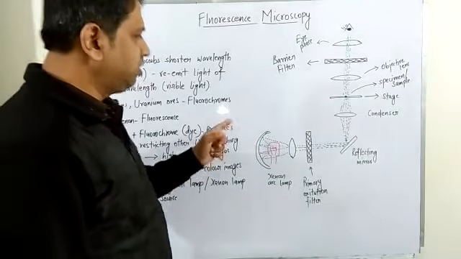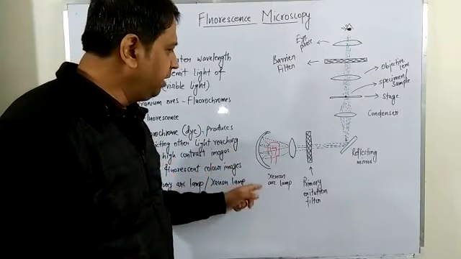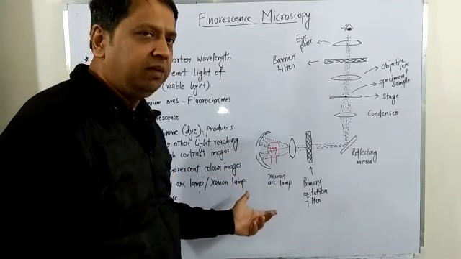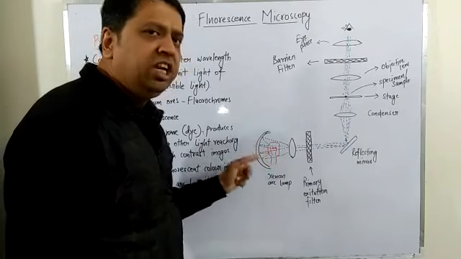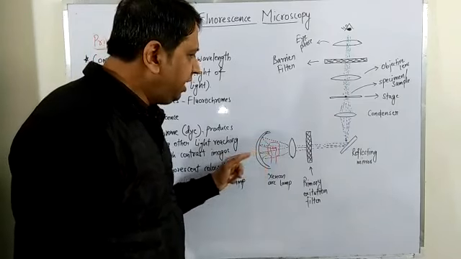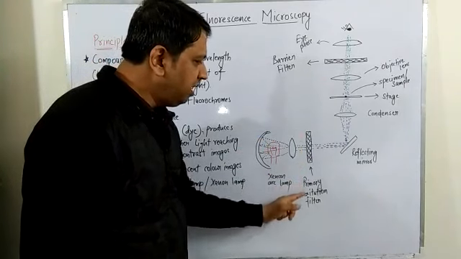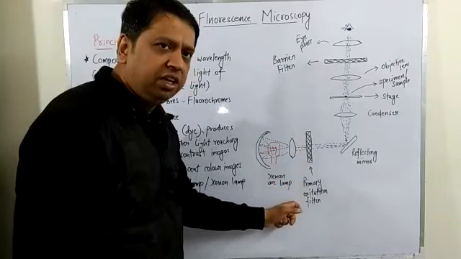A high intensity light beam coming from the xenon arc lamp, or it may be a mercury arc lamp, passes through the primary excitation filter.